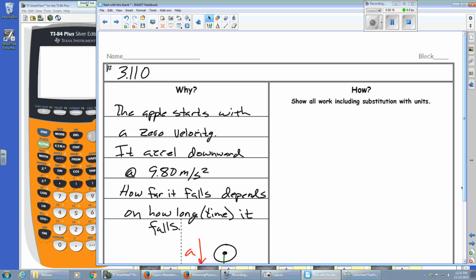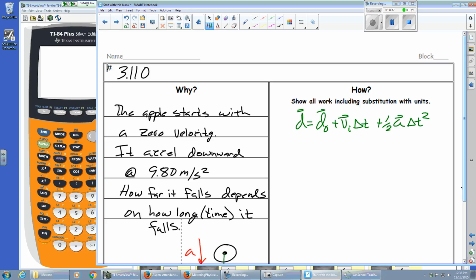So then equation-wise, I'm going to use my main equation: d equals d naught plus v initial delta t plus 1/2 a delta t squared.